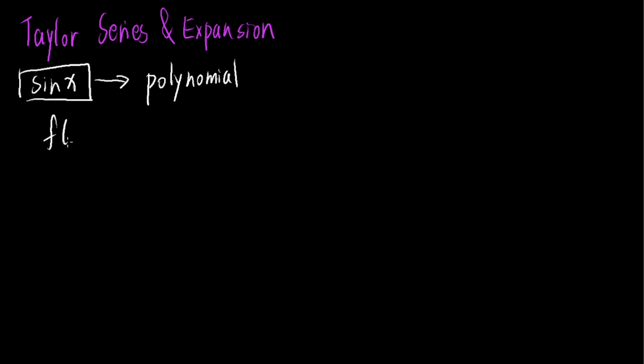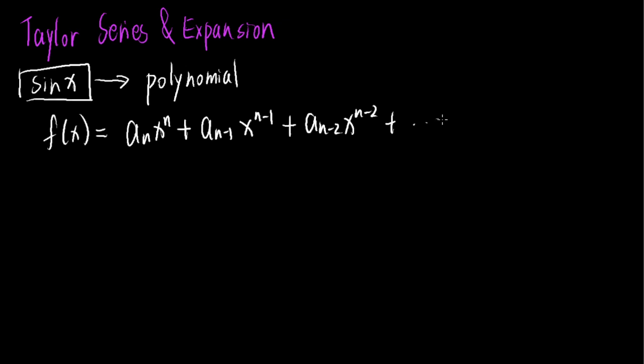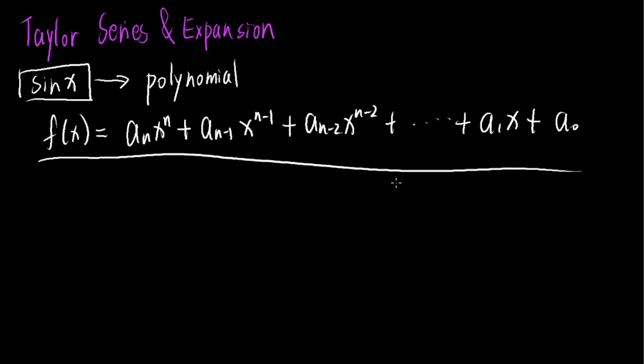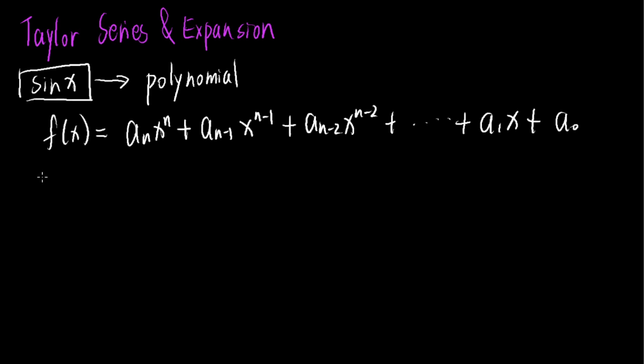To be specific, we can first suppose f(x) is equal to a_n x^n plus a_{n-1} x^{n-1} plus a_{n-2} x^{n-2} all the way to a_1 x plus a_0. Any polynomial looks like this.